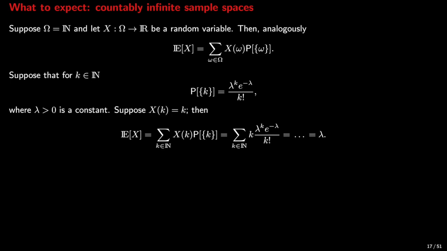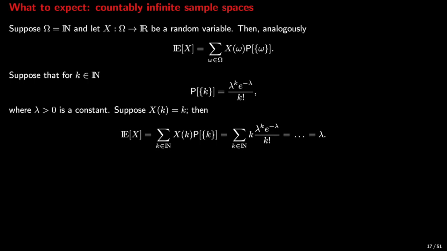To give a practical example here, suppose that you have a computer that spits out natural numbers, and if you get a 5, you earn £5. If the computer returns a 6, you earn £6. If it returns a million, you win £1 million.